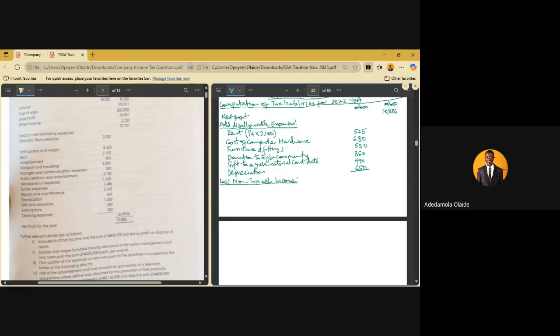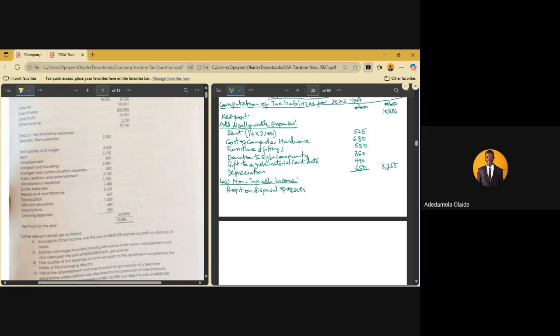Our non-taxable income will be, they said included in other income was the sum of 850,000 as profit on disposal of assets. So profit on disposal. What do you say? 3255 total. 3255.